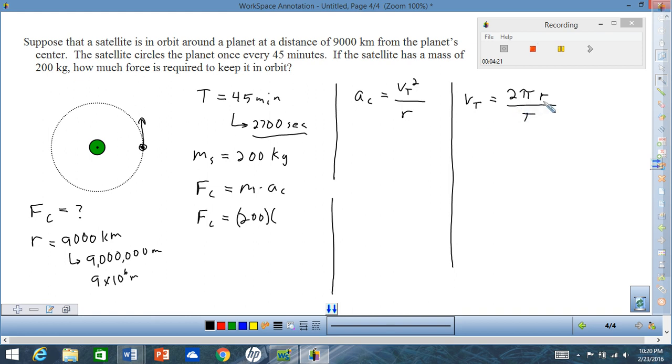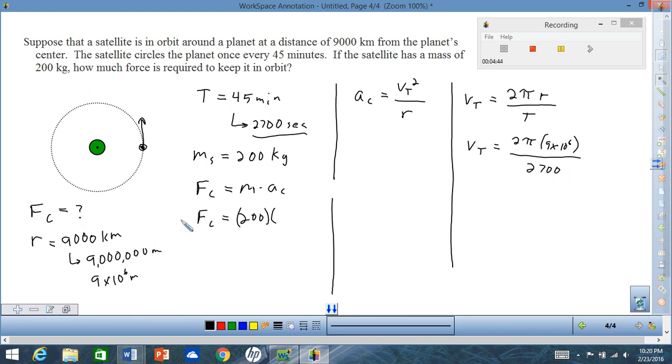And at this point we do in fact have all of our variables, so let's get about solving for this. 2 times pi times our radius, which is, remember to express that in meters, 9 times 10 to the 6th meters, and then divided by the period, which is 2,700 seconds.